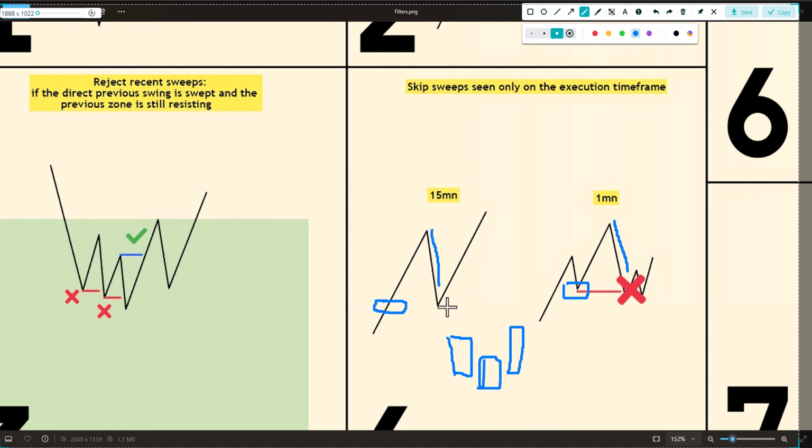So this is low probability, or at least here you need to be right about the reversal, or else you will get stopped out easily. So for example, if price takes a 1 hour low, and you drop to the 1 minute, you're gonna look for a reversal from it.